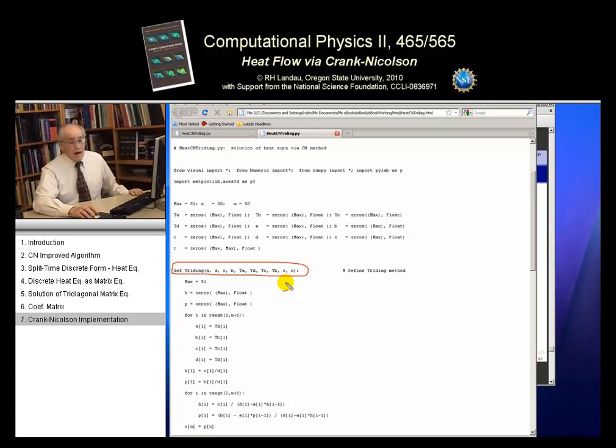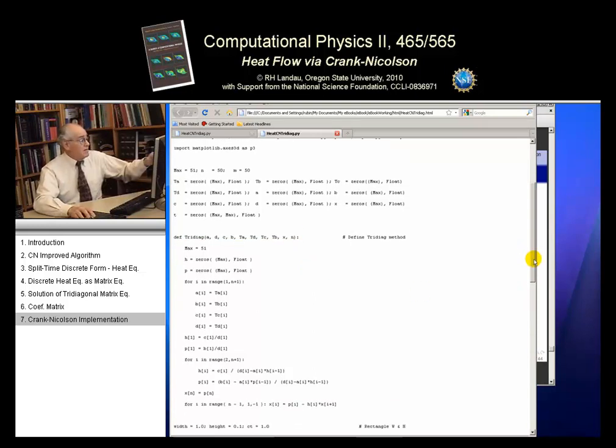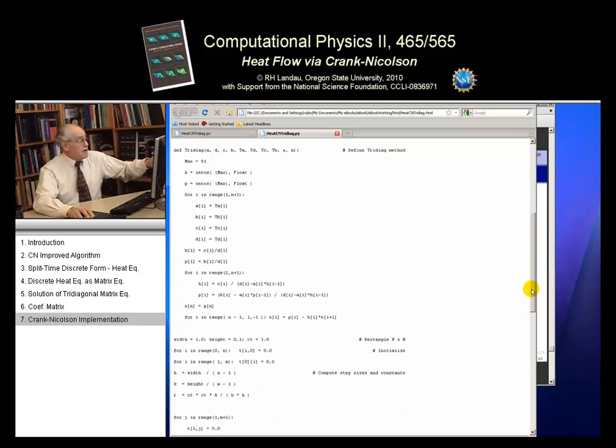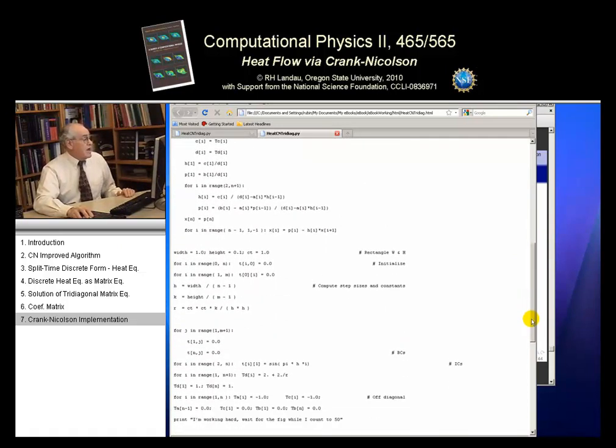We wrote it up here rather than using a library, how you solve a set of linear equations with a tri-diagonal matrix, because it's so simple. And what you see is it's just like what we said. We do the reduction here, we do the divisions, and then at the end we just have the solutions here. The x's are just, again, the explicit solutions. Okay, and the rest is pretty straightforward.